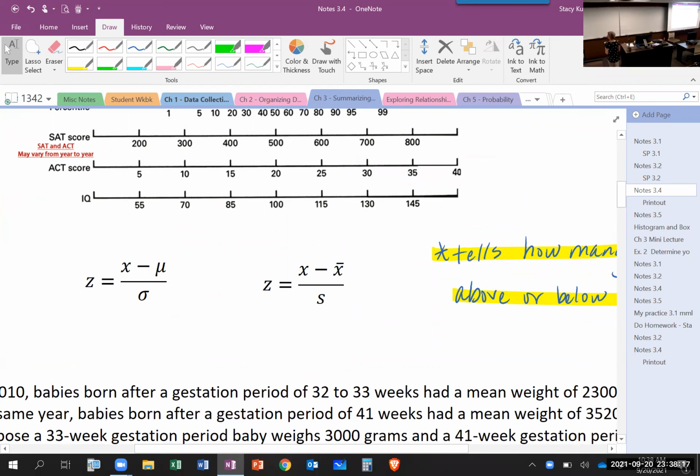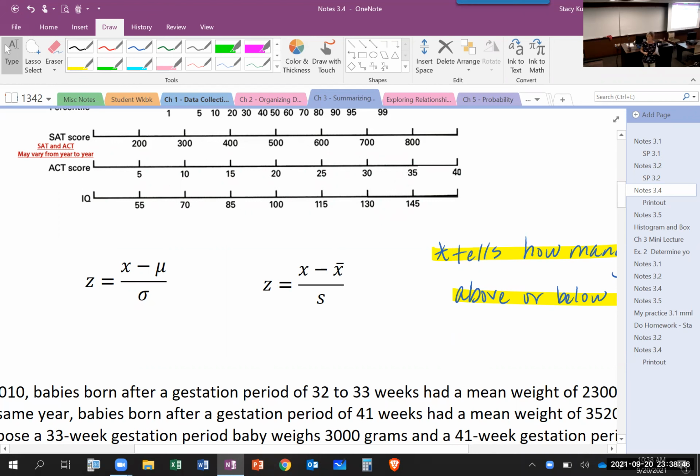And the formulas, we have 2 formulas, just depending upon if you're talking about a population or a sample, but they're the same. So we have the Z-score represented by my data point, which is X, that's always our individual data point, minus mu divided by sigma.